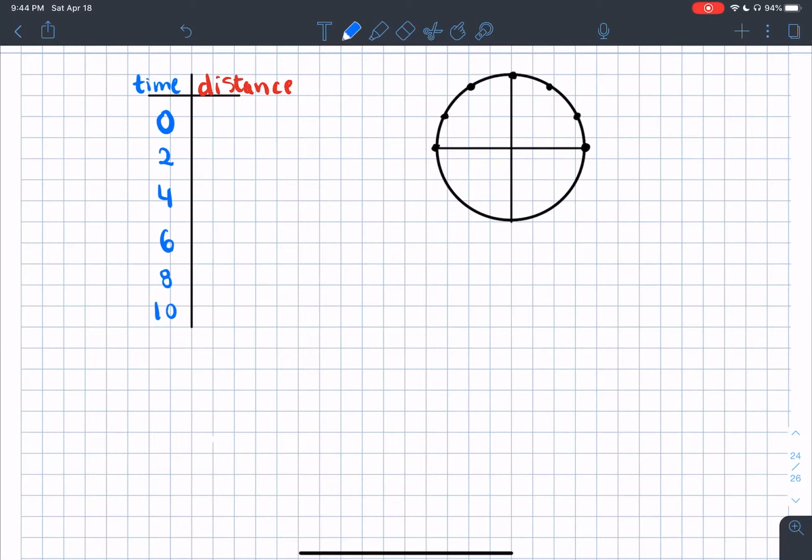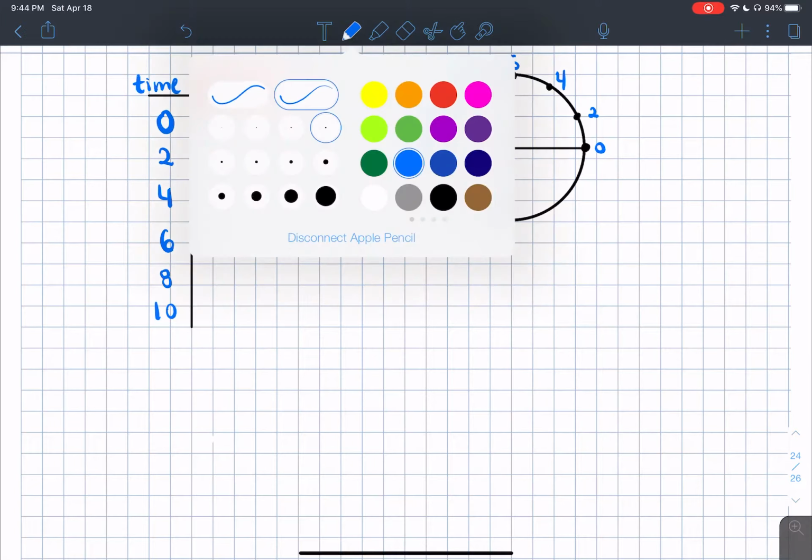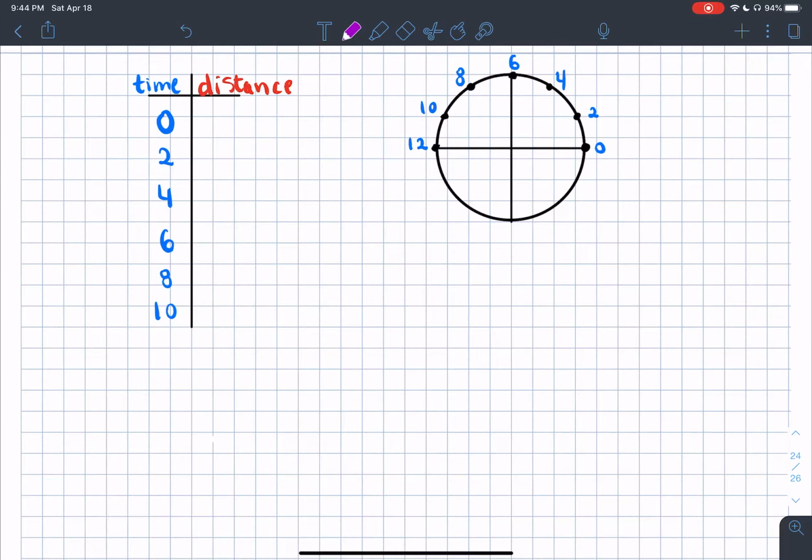Now that we've thought about how to fill in our table a little bit, let's look at it in terms of the circle. Time 0 will be over here. At time 2 seconds, we'll be right here. Time 4 seconds, 6, 8, 10, 12. What these represent are 0 radians. As it goes up 2 seconds, it goes up to pi over 6 radians.